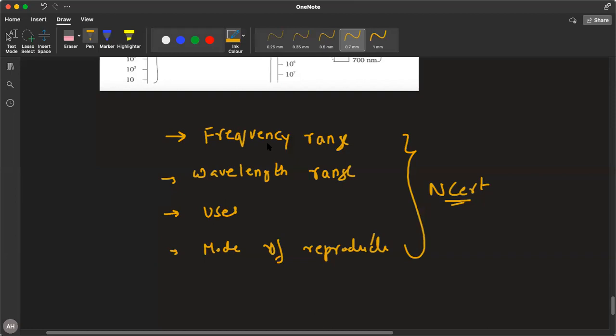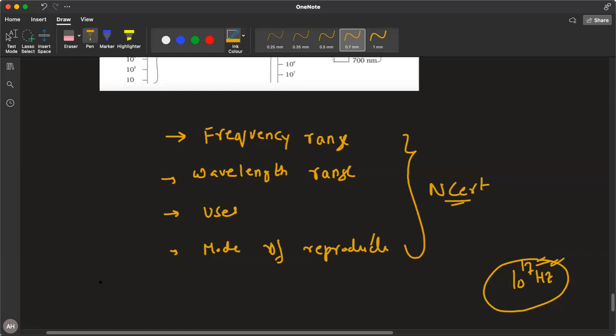A question one can get from the EM spectrum is like this: there is a wave which has a frequency of 10 raised power 17 hertz. Name that wave. Write the wavelength range of the same wave, and also its uses and mode of production.